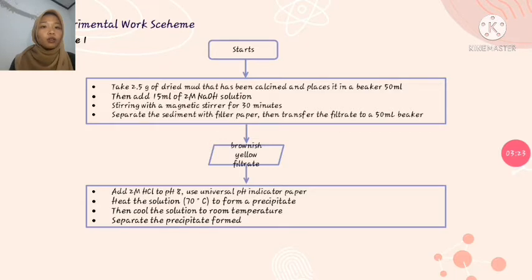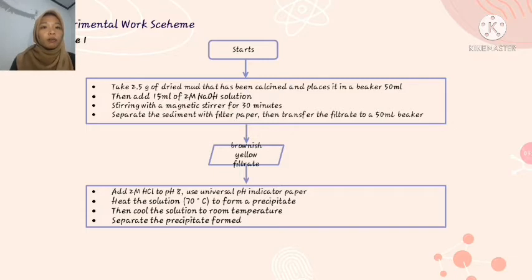Use universal pH indicator paper. Heat the solution at 70 Celsius to form a precipitate. Cool the solution to room temperature.